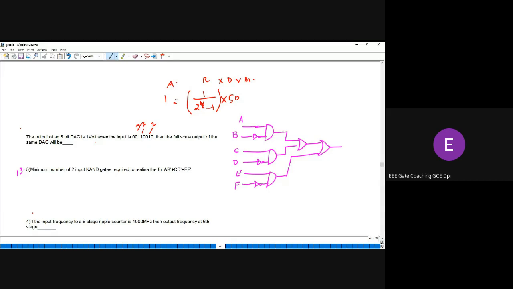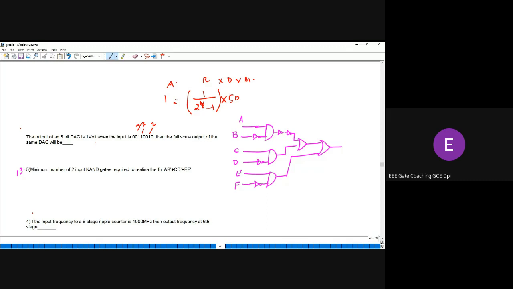So any answer? If you consider, instead of this one, you can draw like this, right?